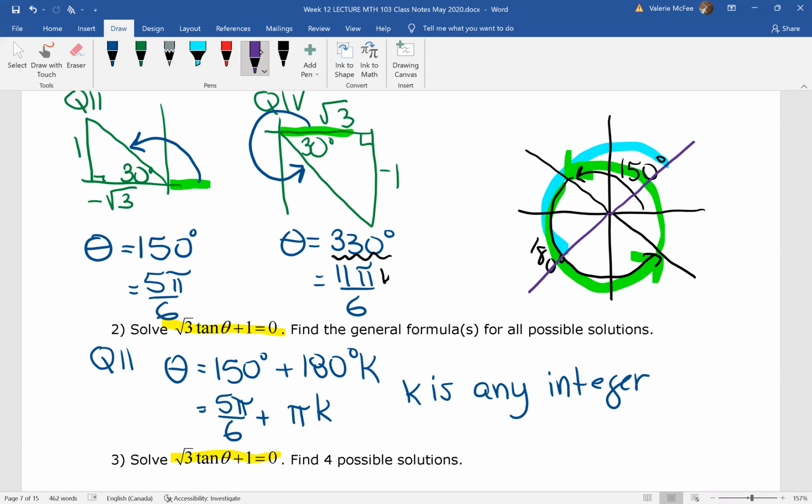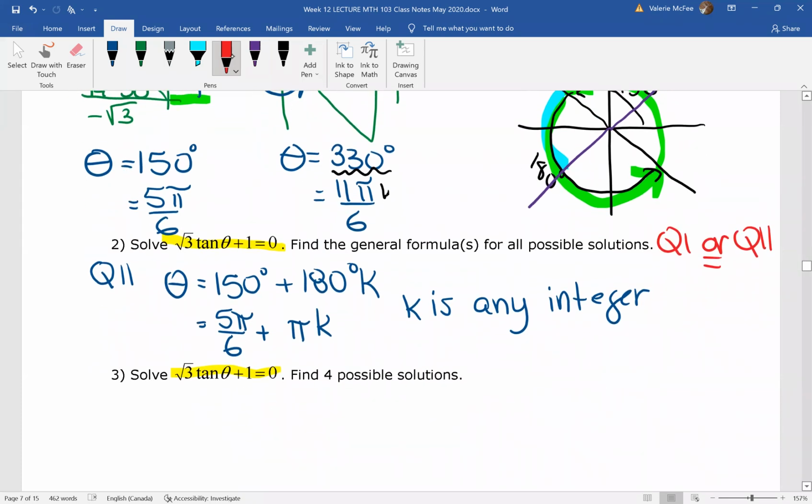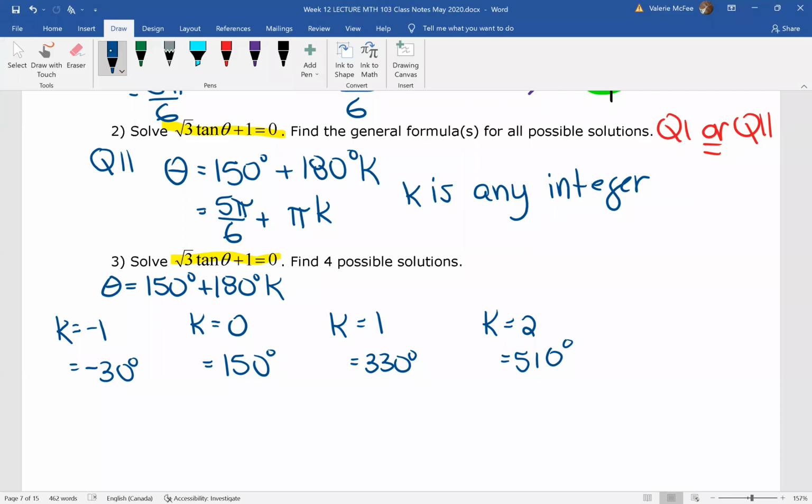Only 1 formula is needed using either quadrant 1 or quadrant 2, not both. All right, why don't you find 4 possible solutions given our general formula? By substituting in these values of K, we found these answers for theta. Make sure you write them in radians as well.